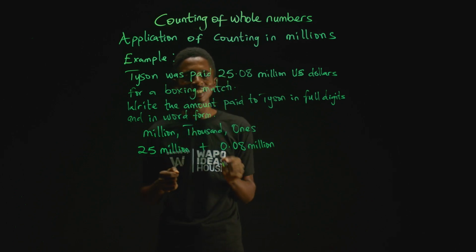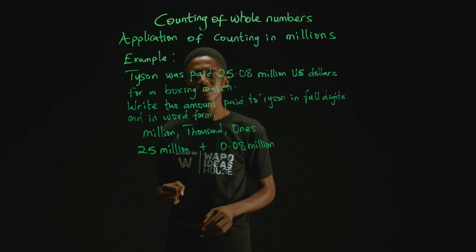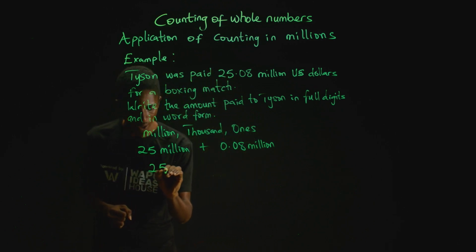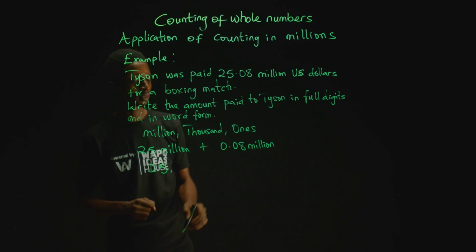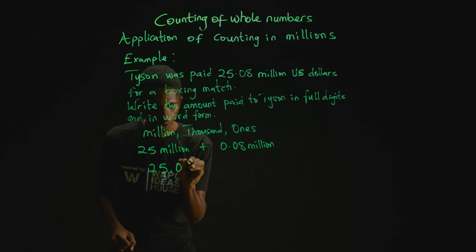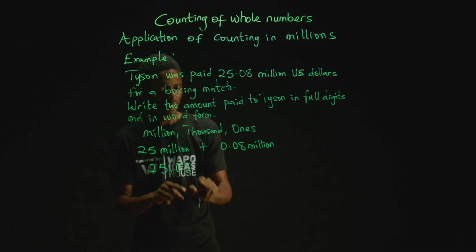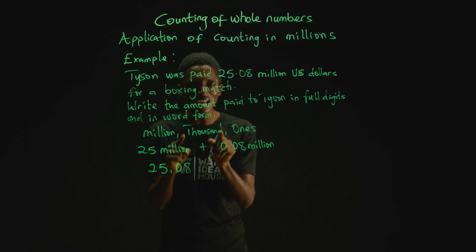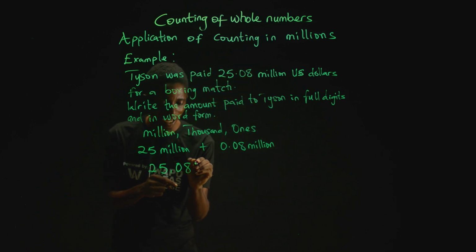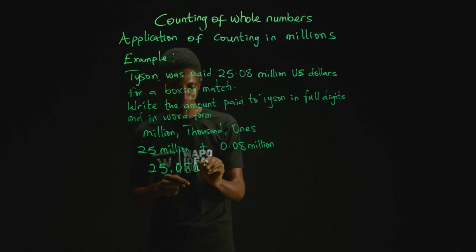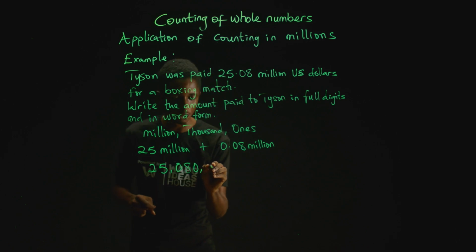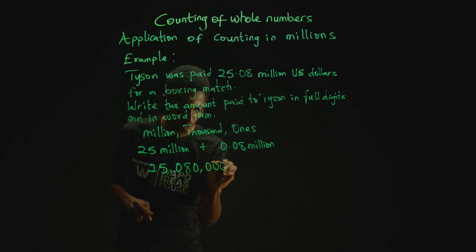So if we are writing this in digits, we would write as 25. Then the next one will be 08. Now note that these thousands is supposed to have 3 digits, so we end it with another 0. Good. And then the final 3 for the ones will be filled with zeros.